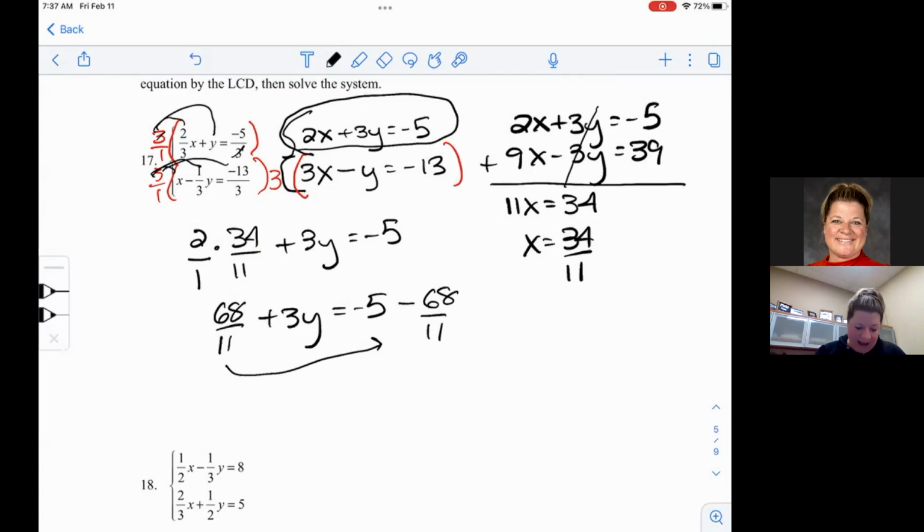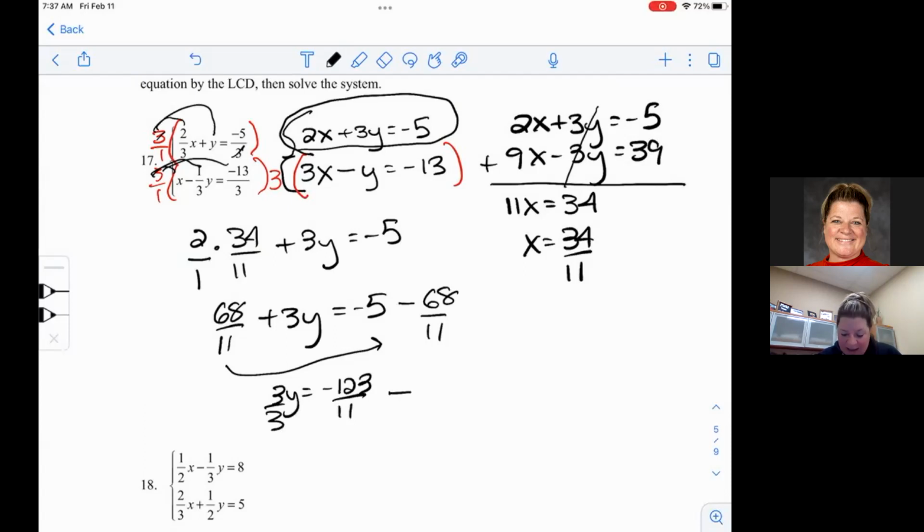So -5 minus 68/11. So I should get -123/11. So I'm going to have 3y equals -123/11. And then we have to divide by 3.